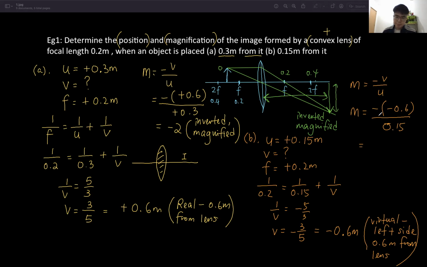So plus 0.6 divided by 0.15, plus 4. What does that mean? Upright, magnified. What is the magnitude of the magnification? 4 times. There go your characteristics: upright, magnified, virtual, and 4 times magnification. All you can find using the thin lens formula.